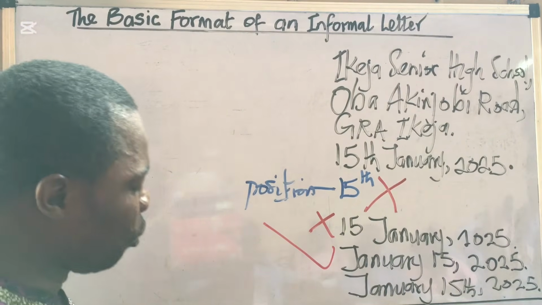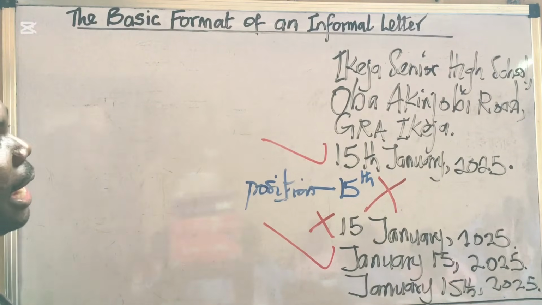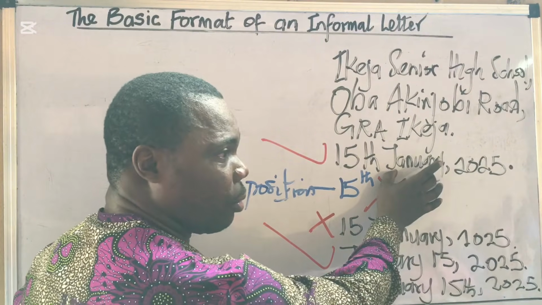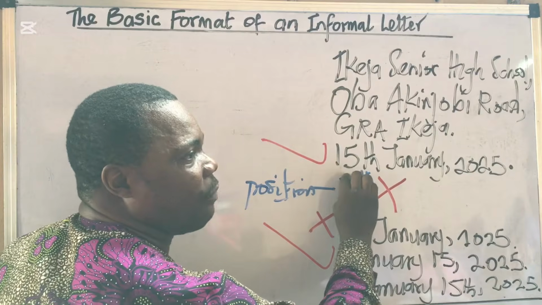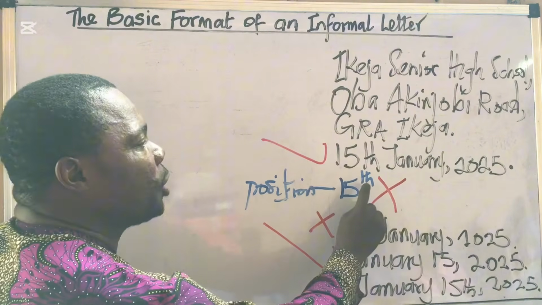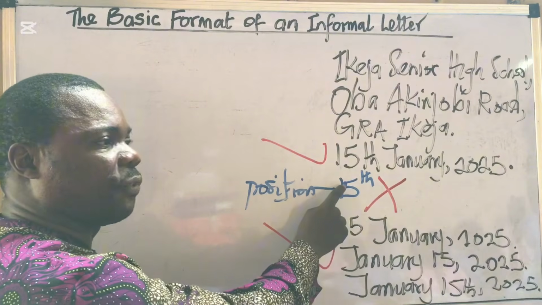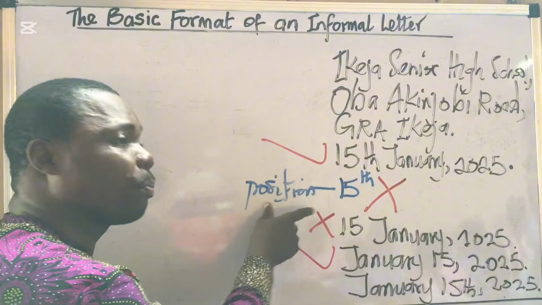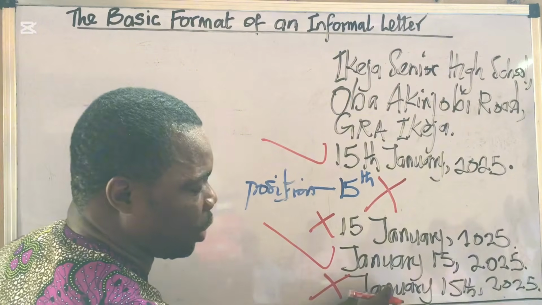So there are two formats of writing dates that are acceptable in WAEC and NECO. 15th January 2025 is acceptable, where the ordinal marker sits on the same level with the number. Don't raise the TH up or to the top of this 15. That does not represent date again, it means position. And this one, we must mark it wrong as well to tell you that it's unacceptable.